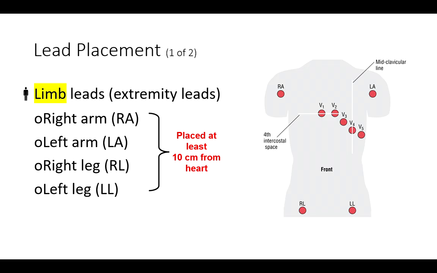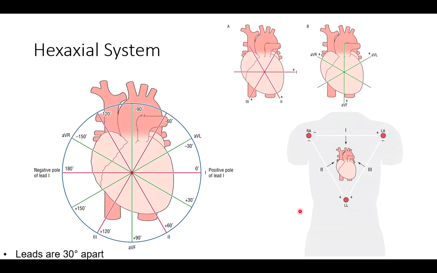And those are created by these 4 electrodes placed on the right arm, the left leg, and the right leg. And based on the positioning of these particular electrodes, we create our first half of a 12 lead. This gives us this hexaxial system.